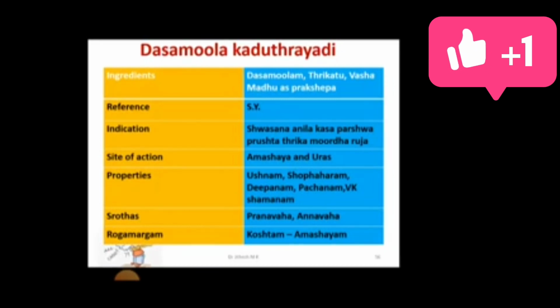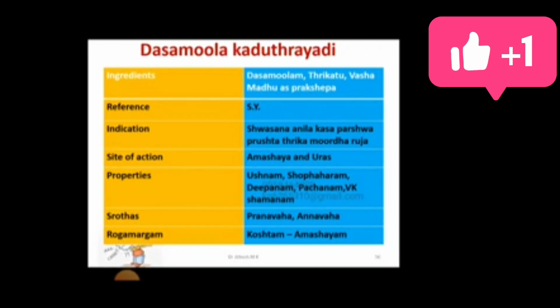It can be either pneumothorax, or pleurisy, or pyothorax, or hemothorax. Whatever it may be, whenever the patient is diagnosed with a pneumothorax, etc., we need a Shothahara kind of medicine, that too with an action over the Urus.